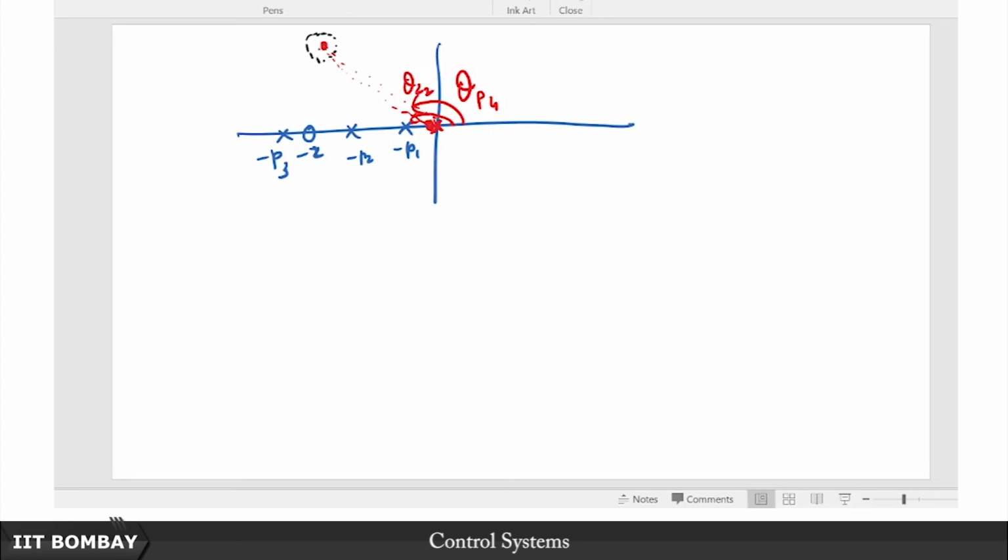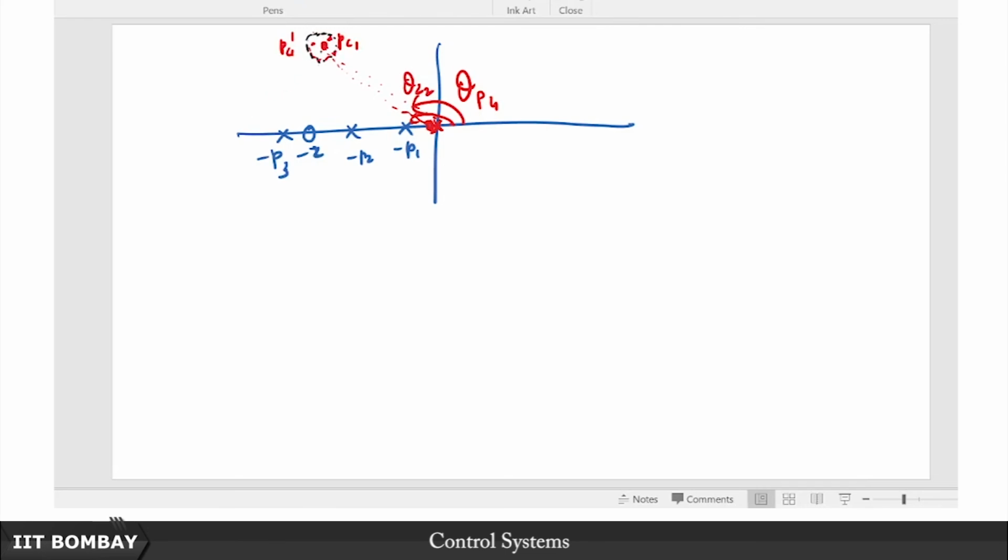So if not exactly at PC1, so this was the original PC1, at least within an epsilon ball around this PC1, somewhere here maybe, PC1 prime, or maybe somewhere here, which we really don't mind, that much leeway we can make.